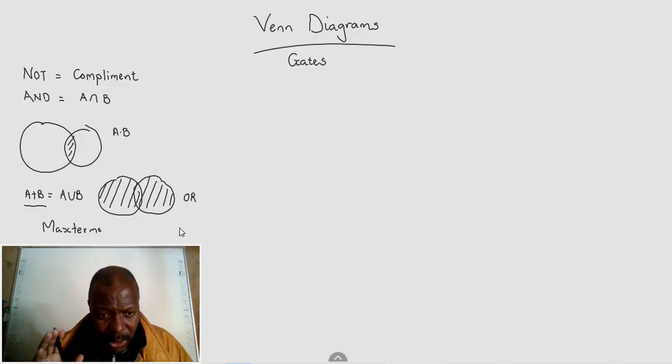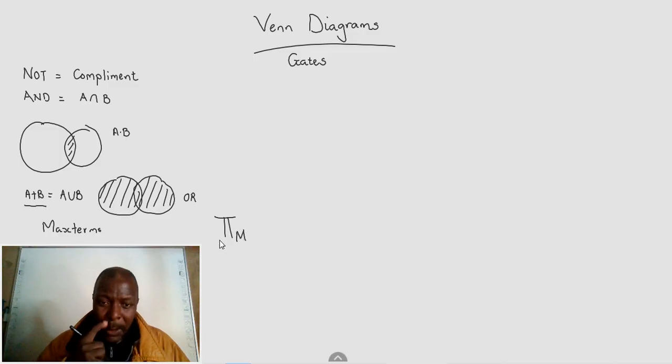Hence, when we do our Boolean algebra, we call the product of sums also the product of max terms. That's why we call it the product of max terms. And when you look at this, this is the least possible group.